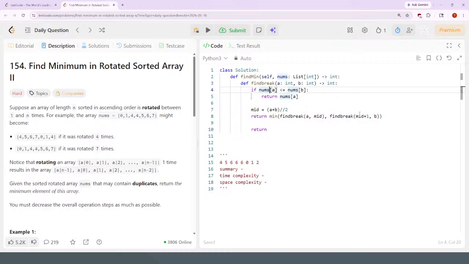This would be a to a, and this would be b to b. So I think this might still work. So n is the length of the array, and I just return find break from 0 to length of the nums array minus 1 as the last inclusive index.